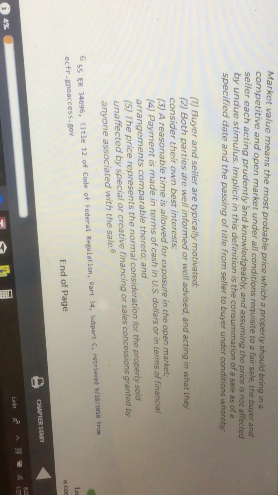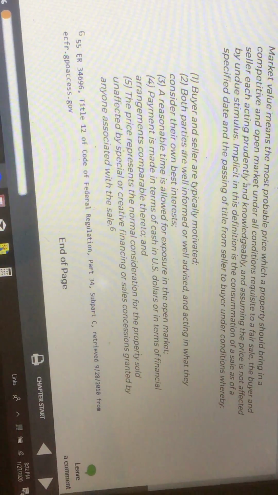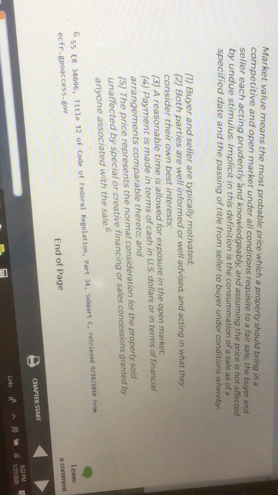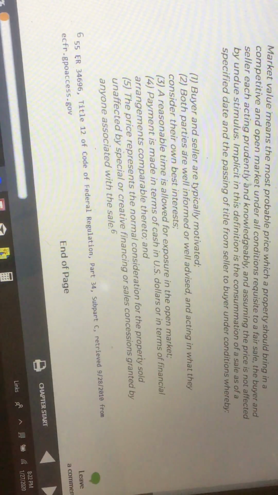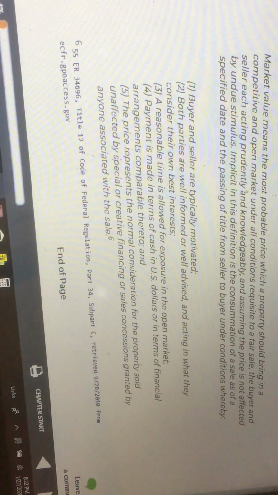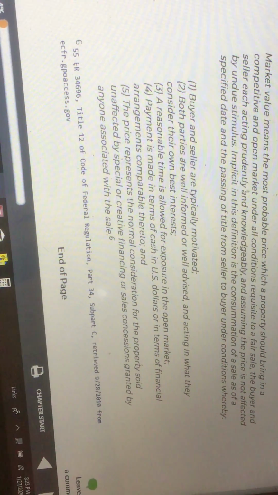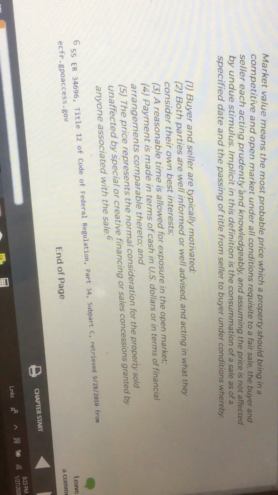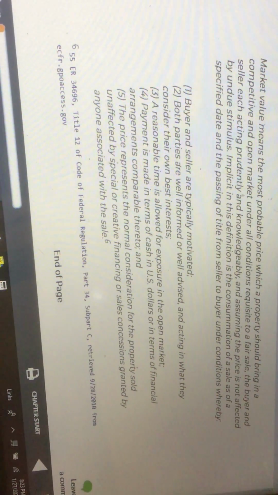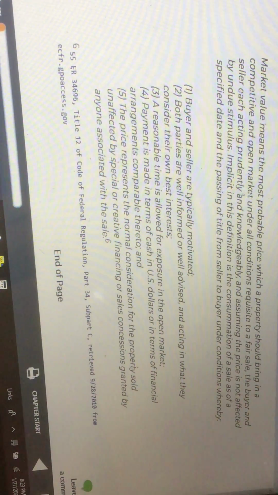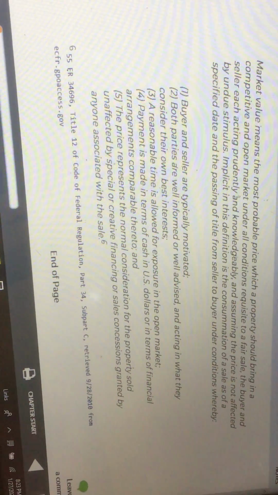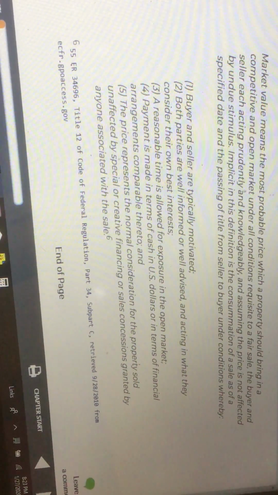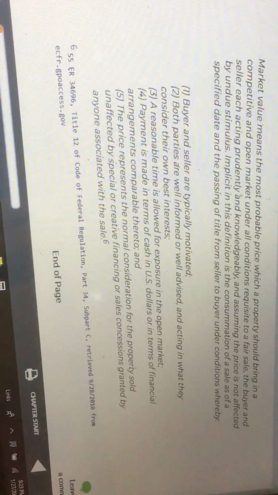Both parties are well informed or well advised and acting in what they consider their own best interests. 3. A reasonable time is allowed for exposure in the open market. 4. Payment is made in terms of cash in US dollars or in terms of financial arrangements comparable thereto.